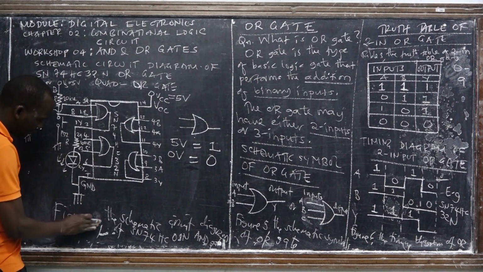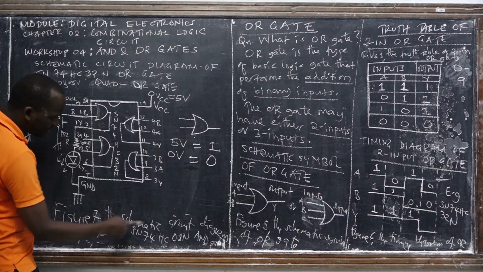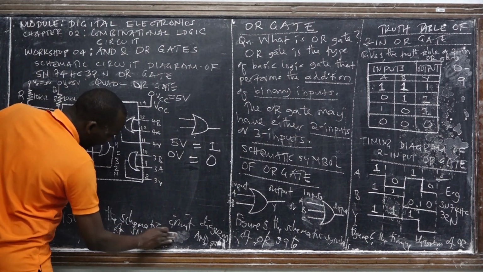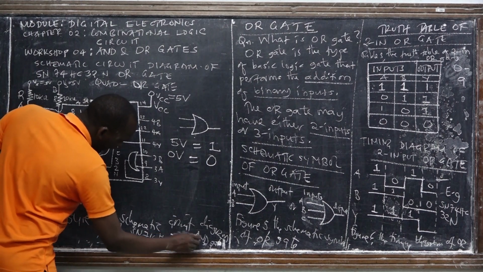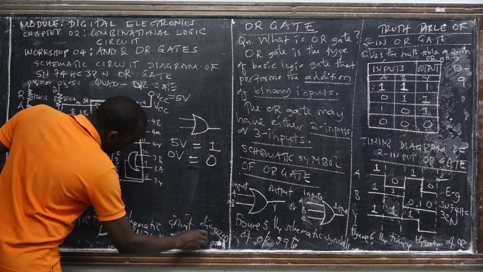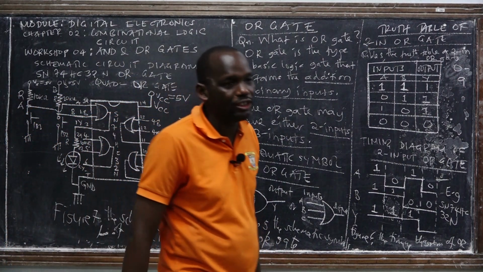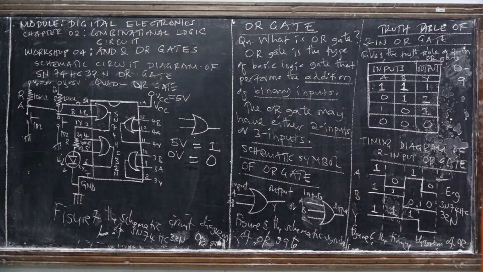Okay, thank you very much, 7. So the schematic circuit diagram of the SN74HC32N OR gate. Remember that if you want to design a modern mechanical system without knowledge of digital electronics, you will never be able to design a modern mechanical system.